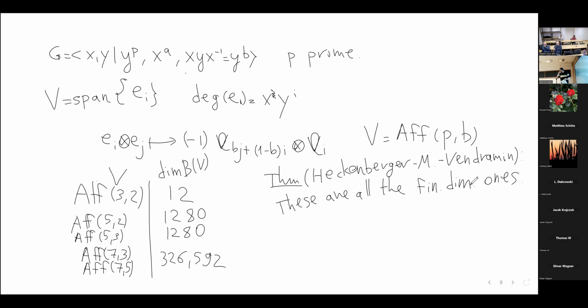But these are all the finite dimensional ones among this construction. Yes, among these.